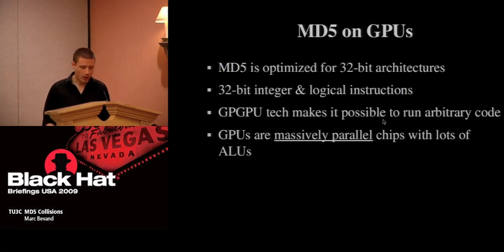So MD5, it's important to know that it has been optimized for 32-bit architectures. It only uses 32-bit integer and logical instructions. And what we call general purpose GPU technology is a flexible framework that allows you to run any arbitrary code on GPUs.